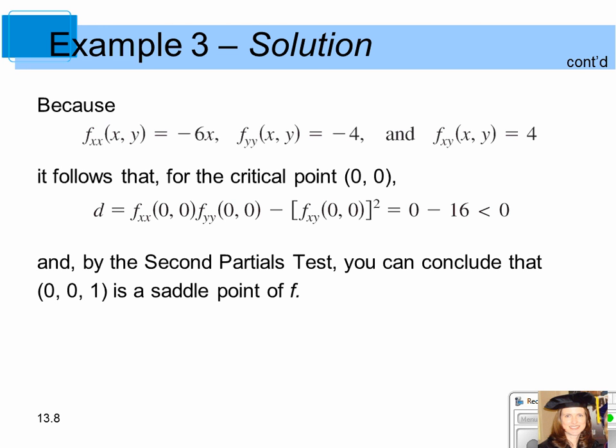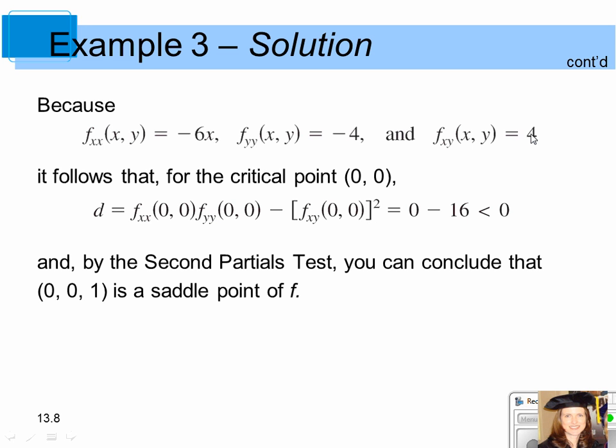So when you're testing the first critical point, 0, 0, plugging that in, 0 for x, 0 for y, and you evaluate that d, that determinant, the second partial with respect to x is 0, the second partial with respect to y is negative 4, so that's 0 times negative 4, which is 0.